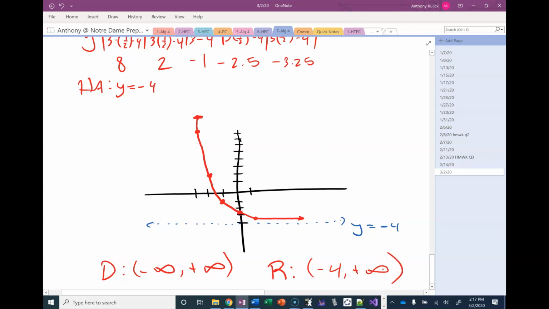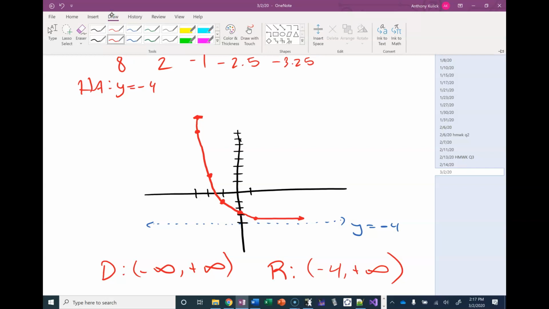K to positive infinity. Again, because the A value is positive, it's just K to positive infinity. Everybody okay with this?